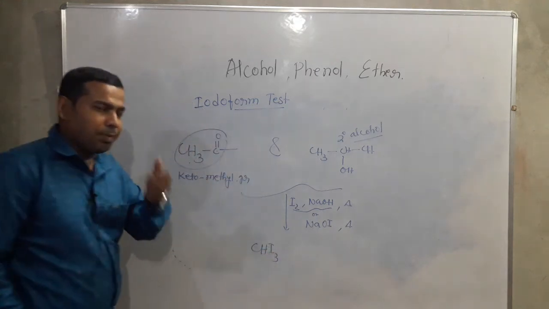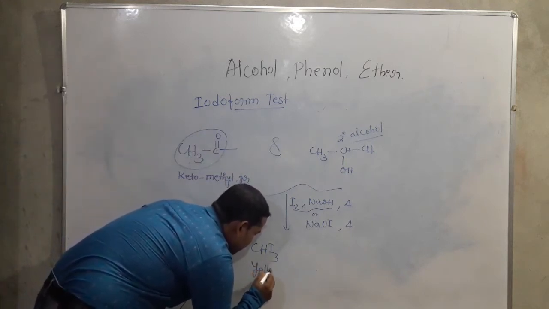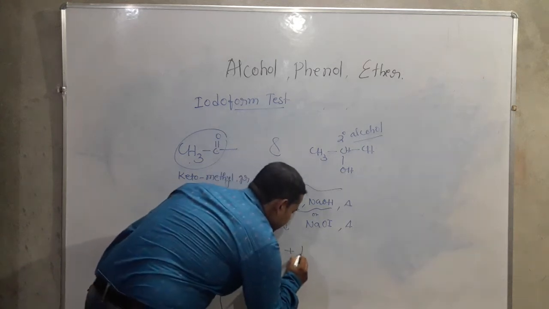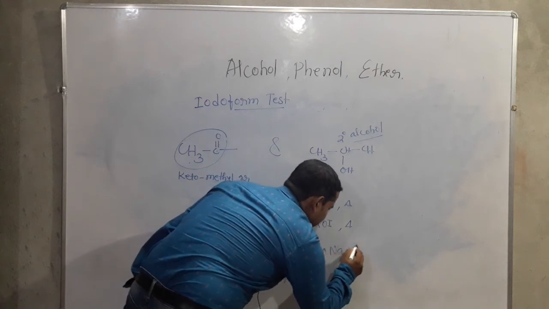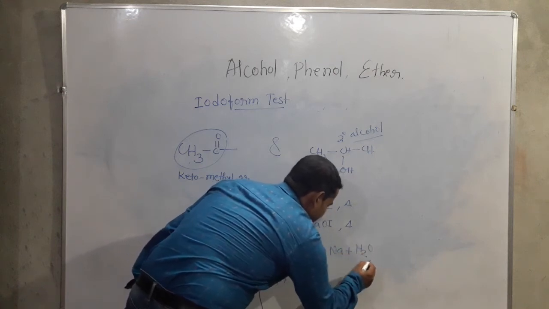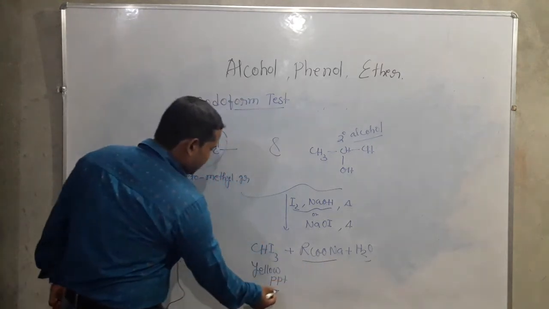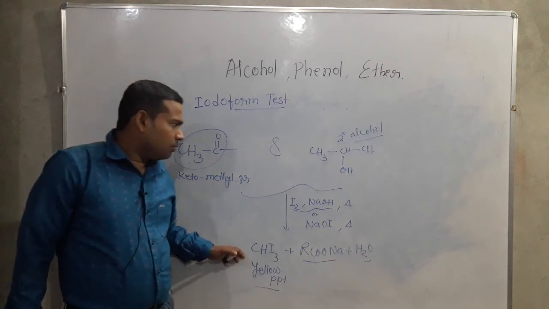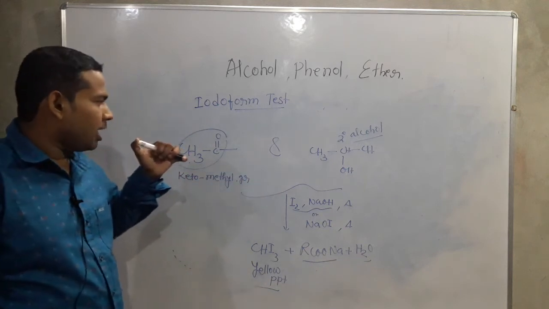This is a yellow PPT, plus RCOONa plus H2O. So this is the main one. This one is also important. This is also required. Clear? So these are the important tests, phenolic OH group identification and iodoform test.